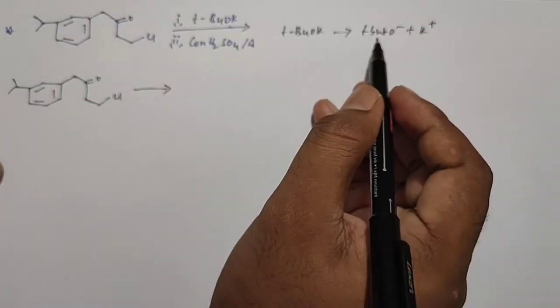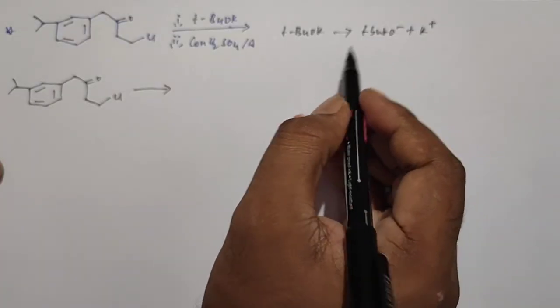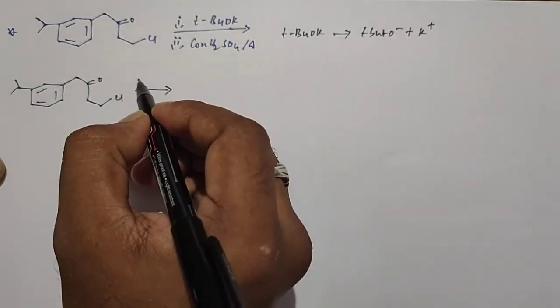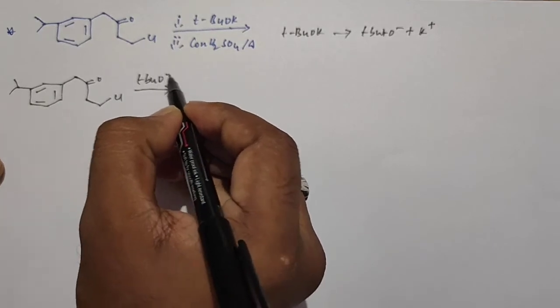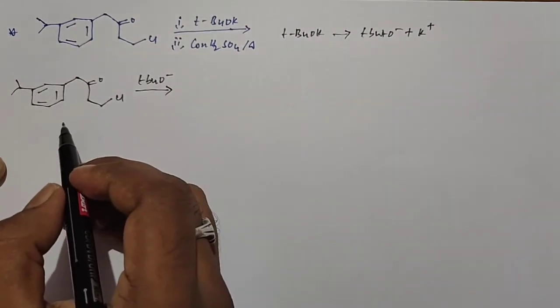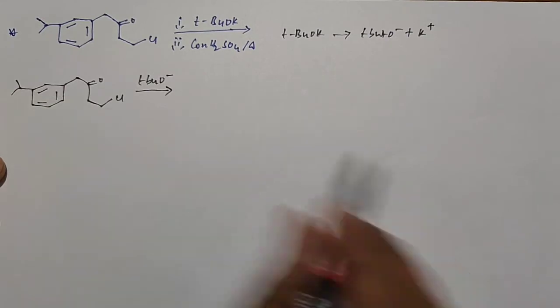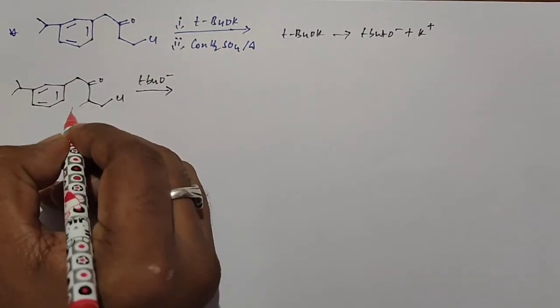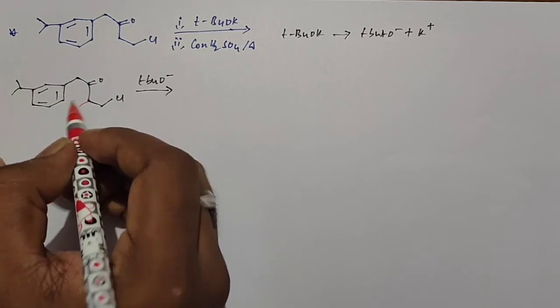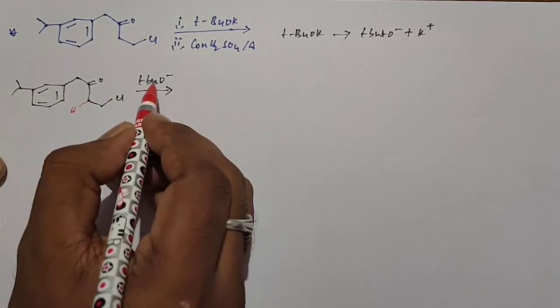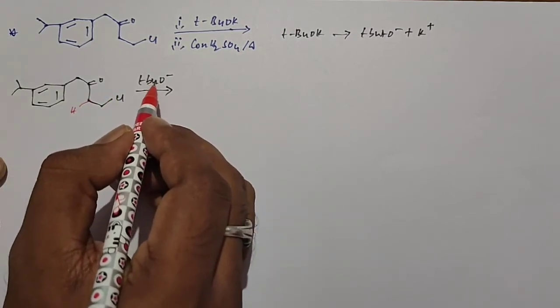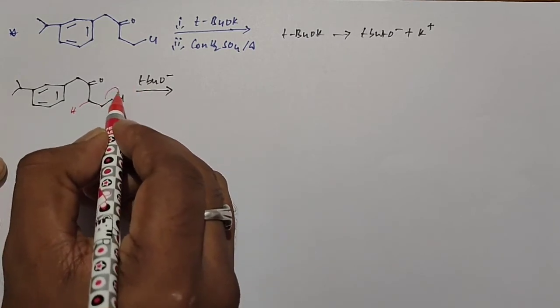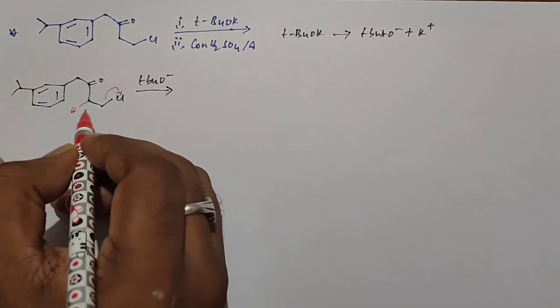okay. So the tert-butoxide can react with this compound. So when it reacts with this compound, at this carbon we have one hydrogen atom. So the chlorine is passing away with the tert-butoxide. So we just lost the chlorine atom.